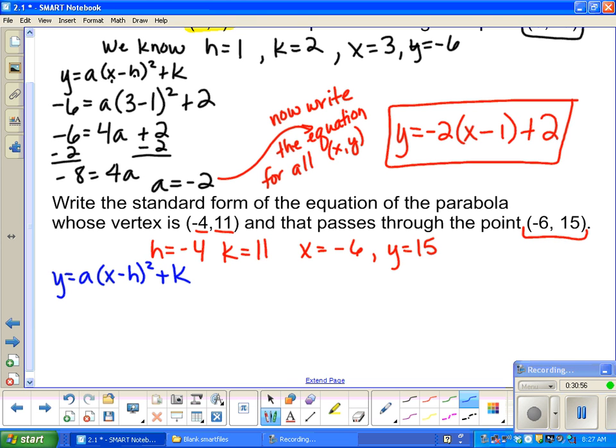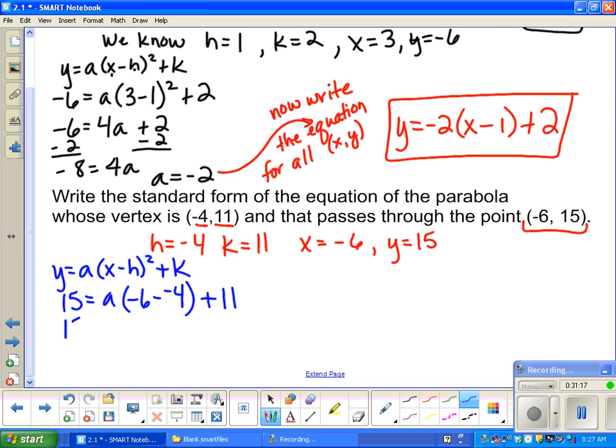All right, so what does y equal? 15. We don't know a. We know x. -6 minus h is -4 plus k plus 11.